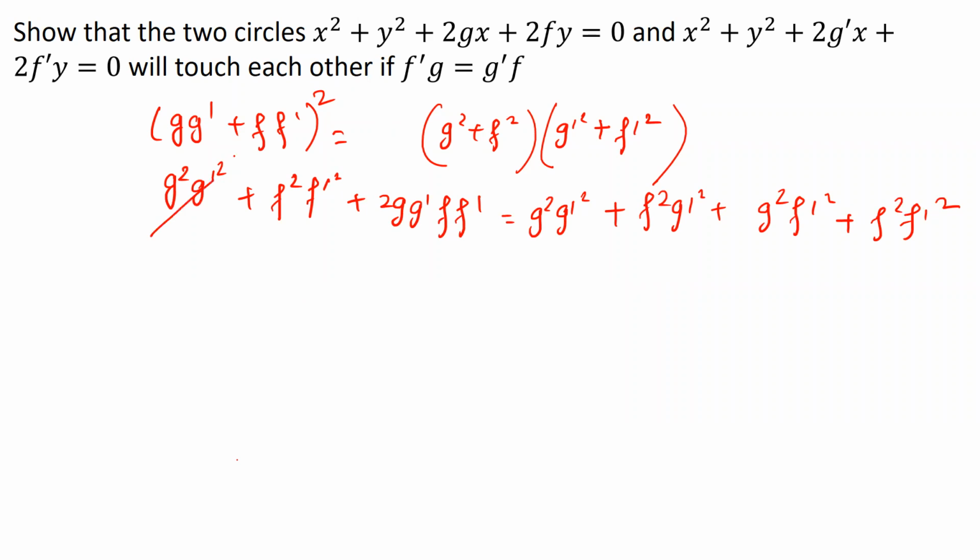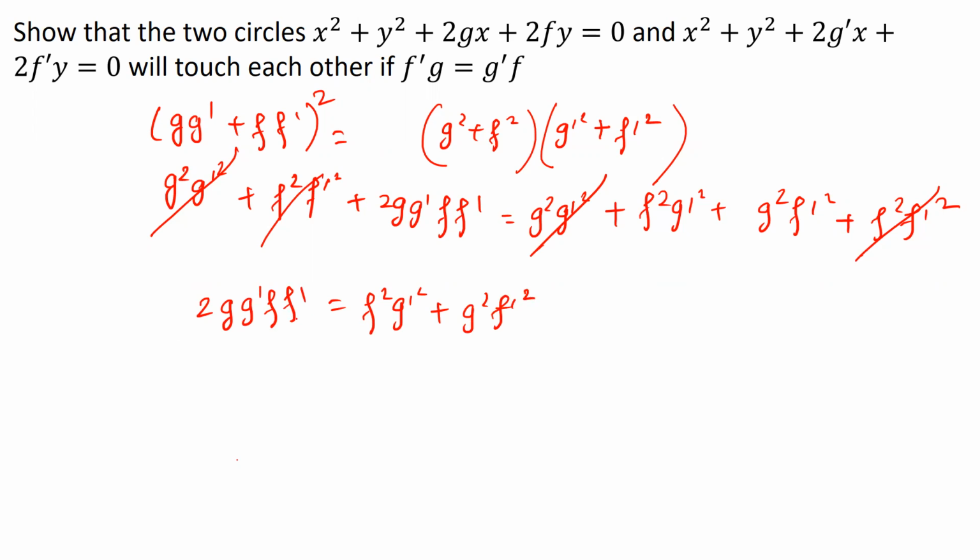If you see, g square g dash square and g square g dash square, f square f dash square and f square f dash square cancel out, and we have 2g dash f dash is equal to f square g dash square plus g square f dash square.